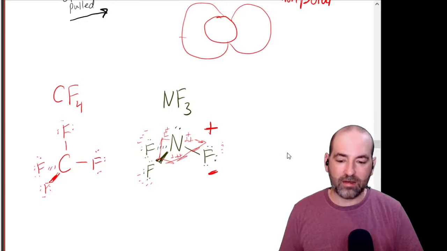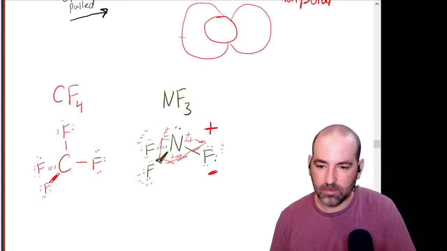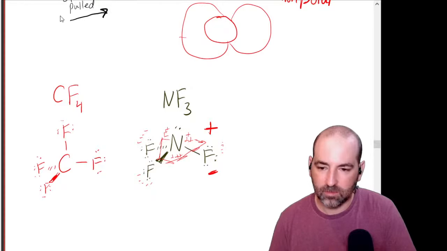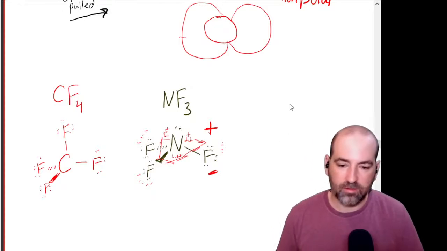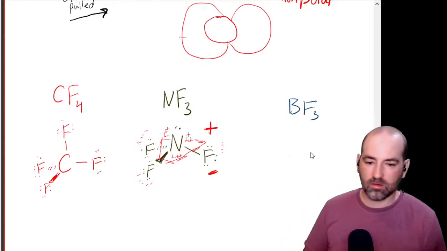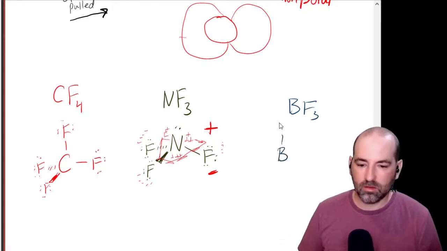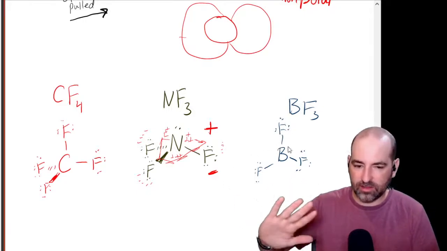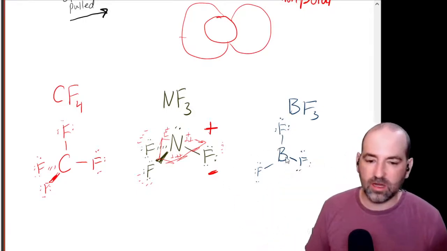If it were flat, like for example, BF3, which is trigonal planar, it doesn't have that tetrahedral angle. It has just the planar angle. It's all flat. It's all in the same plane as the screen here.